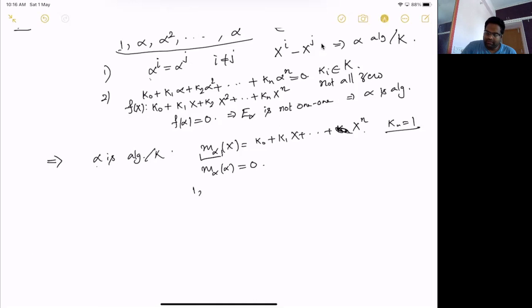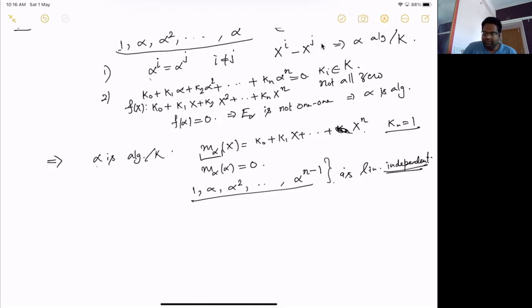So in particular, 1, alpha, alpha squared, up to alpha to the power of n minus 1 is linearly independent. Because if this is linearly dependent, you will find some constants such that some non-trivial linear combination of these elements is 0.